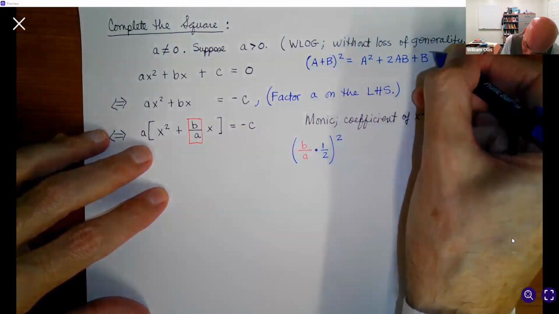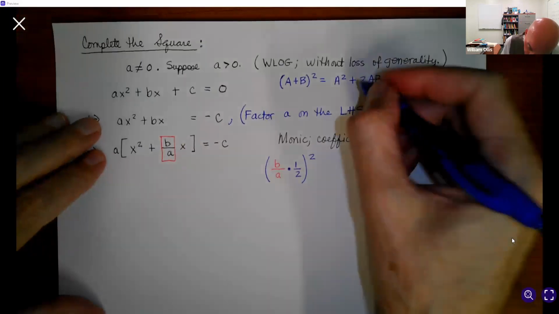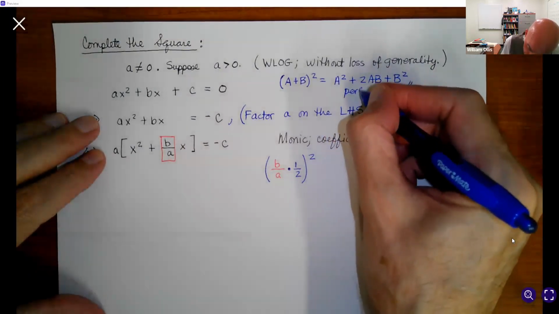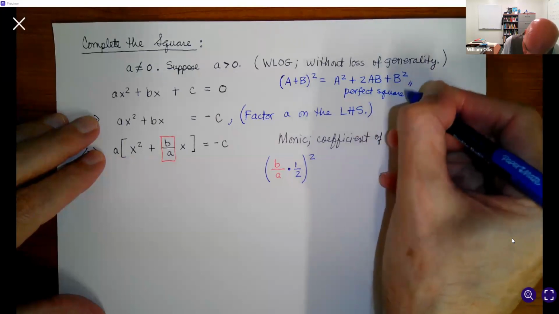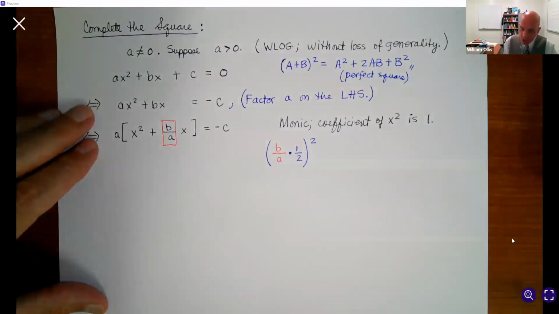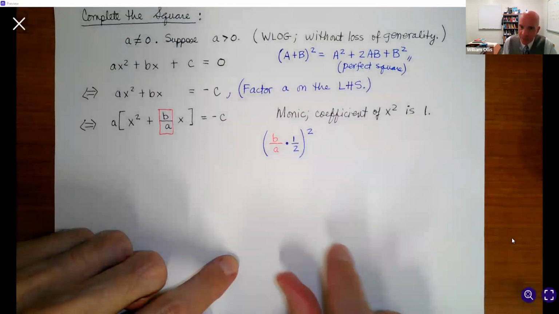So that's a very useful identity called the perfect square. So students often wonder why we do what we do when we complete the square. Well, it's based on that identity.